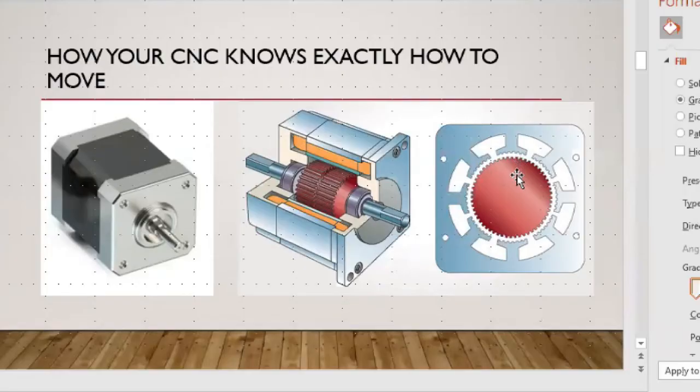And on the armature is a lot of little, we'll just call them bumps. As you can see, this looks like a little gear. What those are are magnetic poles. And the little arms on the stator are the magnets. They're electrical coils. And in order to make this armature move, a coil will be charged.